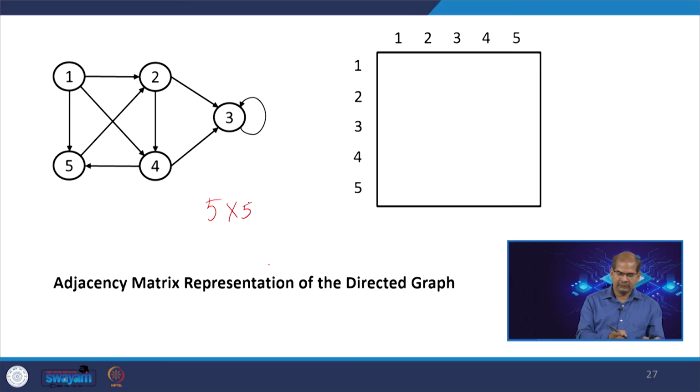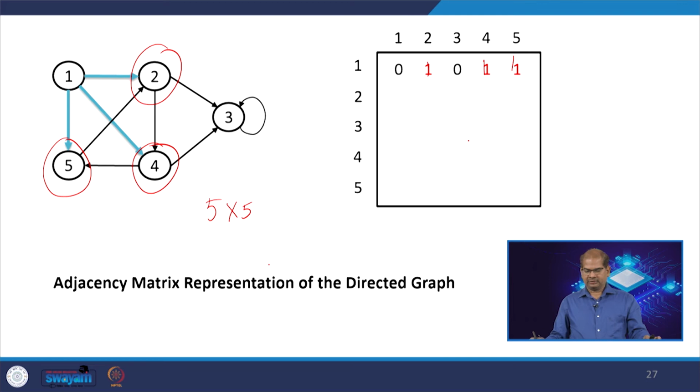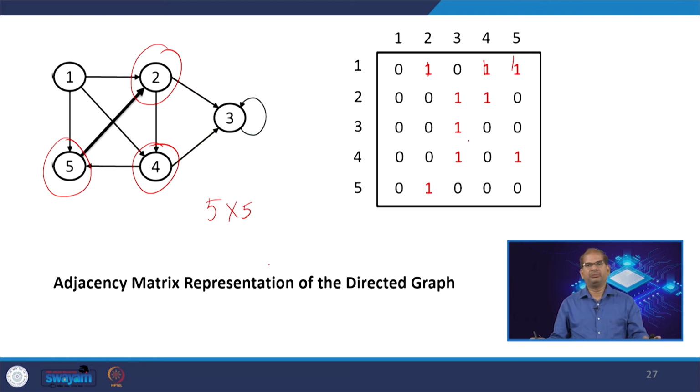Let us say node 1 is connected to 2, 4 and 5. So, like this, we can fill the rest of the elements of the matrix. So, this is for a directed graph.